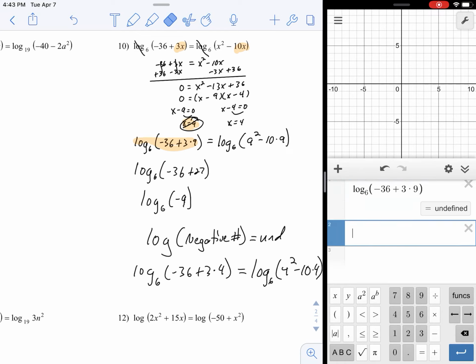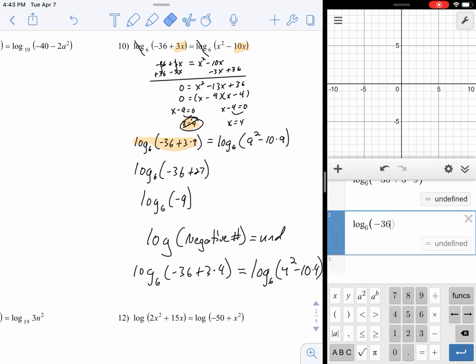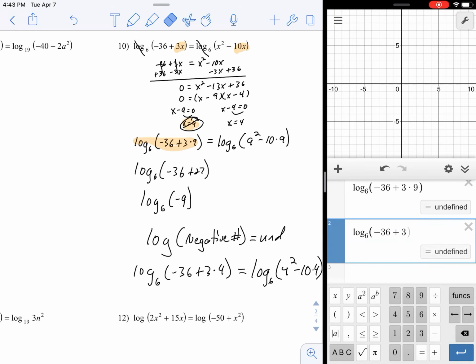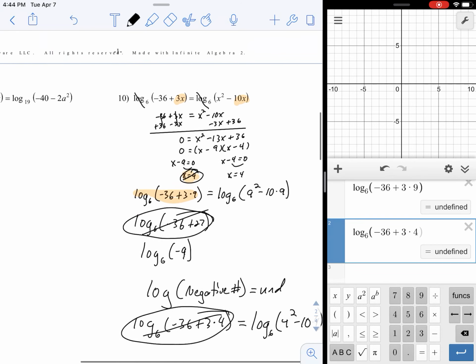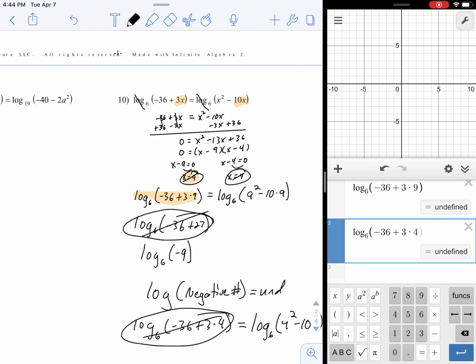So here, let me type this in. Function log a base 6 and then -36 plus 3 times 4. There you see it again. This is undefined, just like that was undefined, which means this answer is also extraneous.